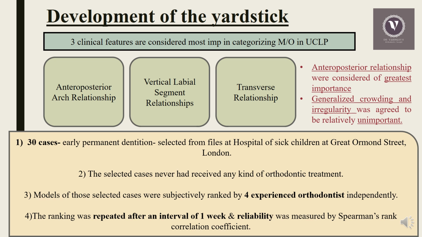All the models of those selected cases were then subjectively ranked by 4 experienced orthodontists independently. Once the ranking was completed, it was repeated after an interval of 1 week, and the reliability was measured by Spearman's rank correlation coefficient.